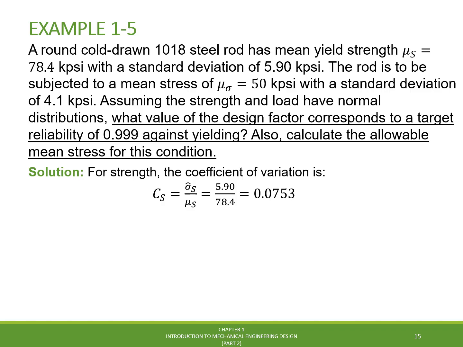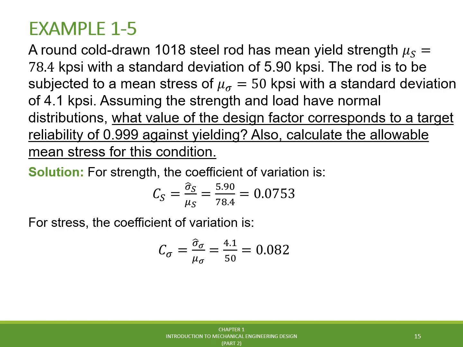Then by doing the math, we're going to get that C_S is 0.0753 for the strength. Repeating the calculation for the stress, we calculate the coefficient of variation for the stress by taking the standard deviation for the stress, dividing it by the mean for the stress. Then the result is going to be 0.082.